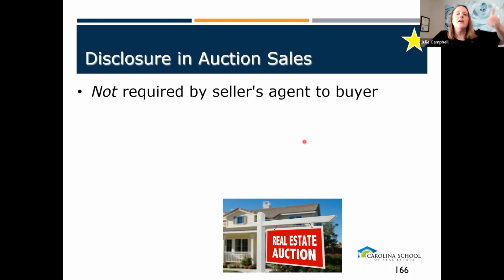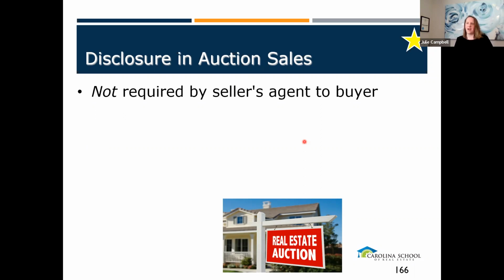Okay. If you're asked about auction sales, the working with real estate agent disclosure is not required. The seller in an auction is going to be represented by the auctioneer that is also a real estate agent. They have a real estate license.